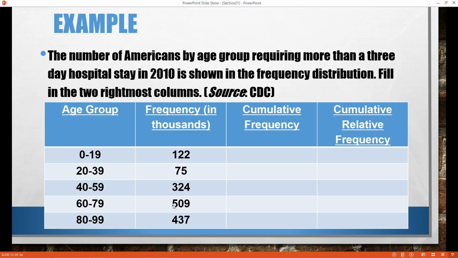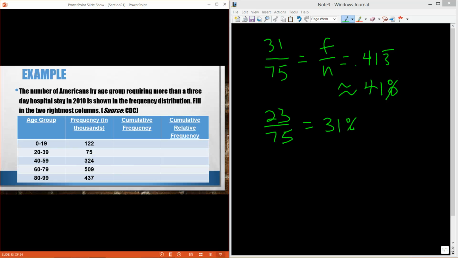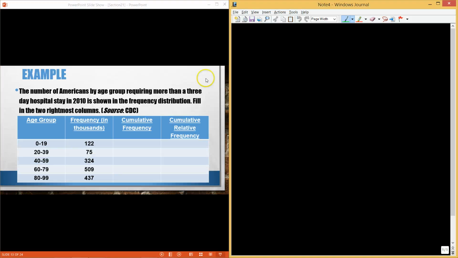So let's go ahead and start to compute the cumulative frequency and the cumulative relative frequency of each class. So over here, I'll put the age group. And over here, we'll start with the cumulative frequency. I'll write CF for that.